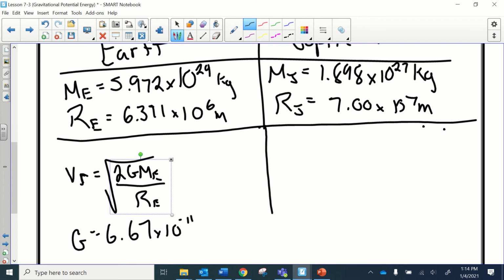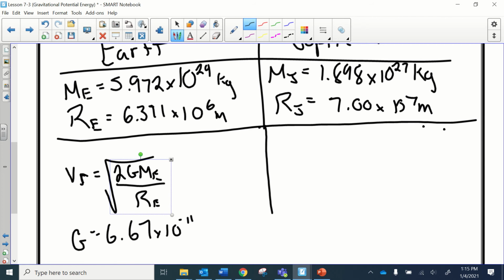So I am getting 2 times 6.67 times 10 to the negative 11. I'm going to multiply that by 5.972 times 10 to the 24, and I'm going to divide that by 6.371 times 10 to the 6.